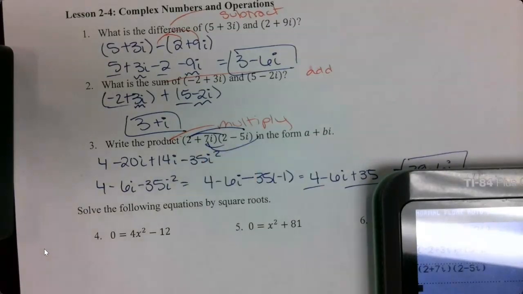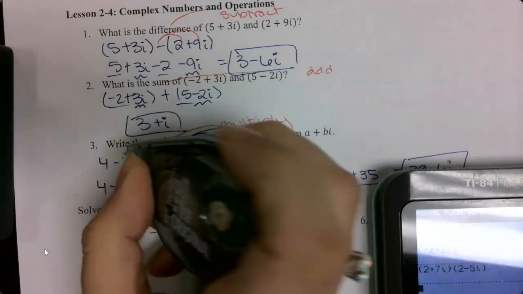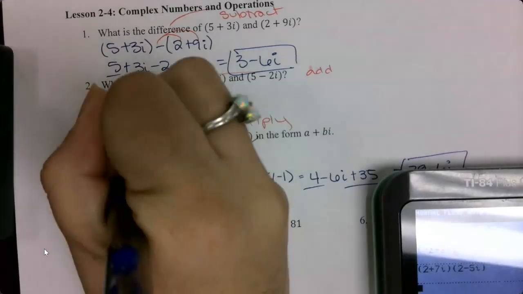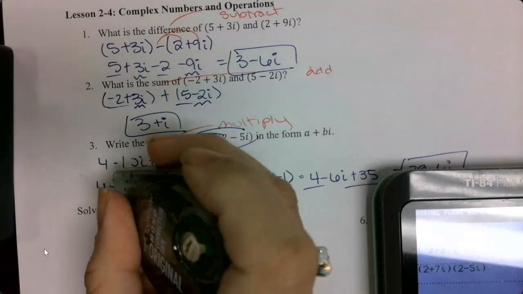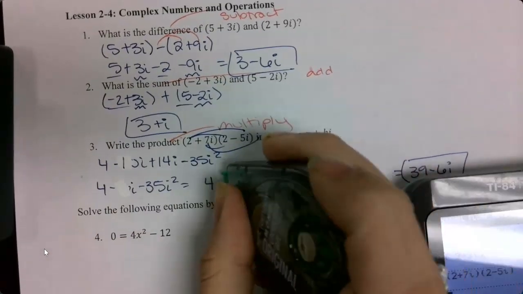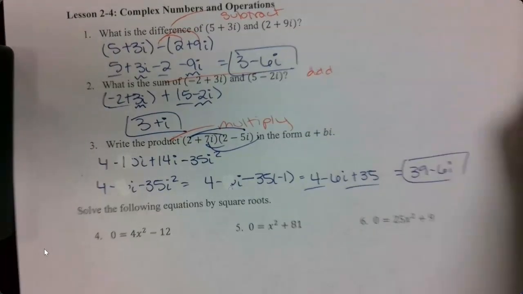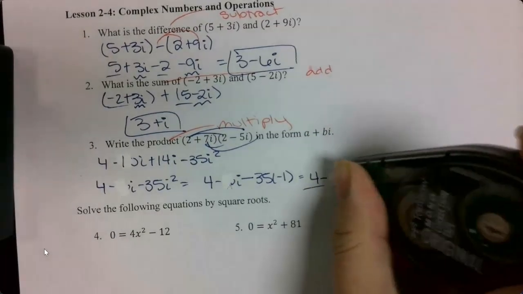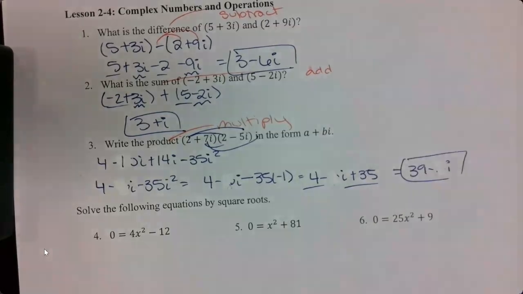So, because 2 times 5 is 10. So when you're doing this by hand, make sure you multiply correctly.